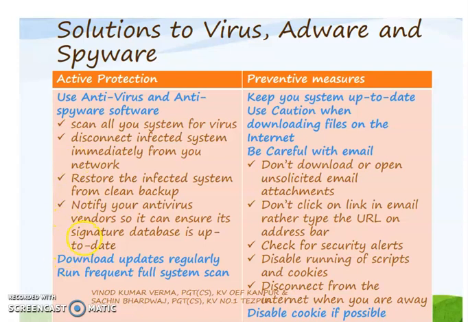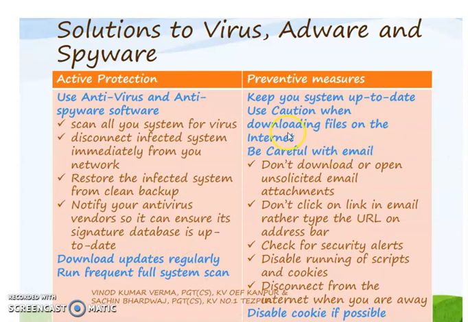Then restore the infected system from clean backup. Then notify your antivirus vendors so they can ensure the signature database is up to date. Then download updates regularly and also run frequent full system scans.